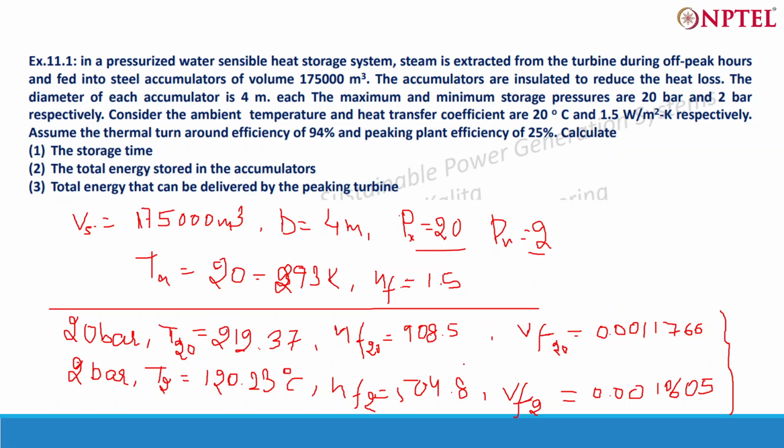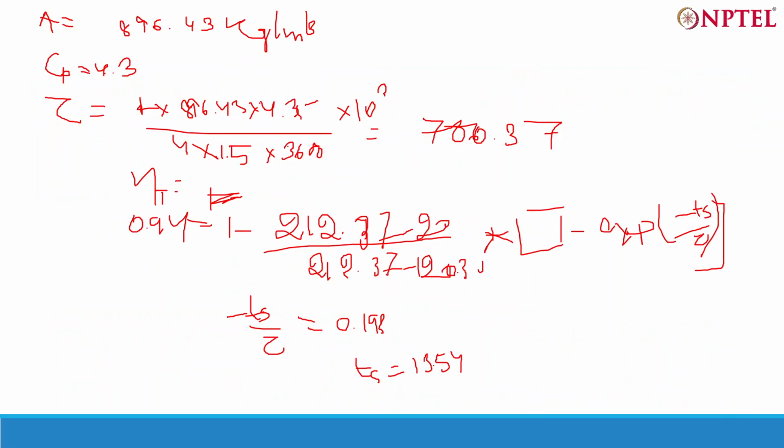Storage time. Now total energy stored in the accumulator, so try to solve it, see if you can get the total energy stored. So firstly you will need mass of accumulator, mass of water needed.